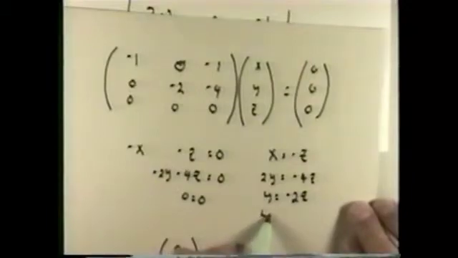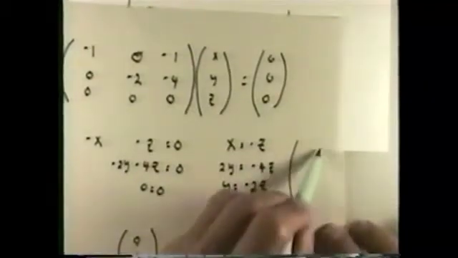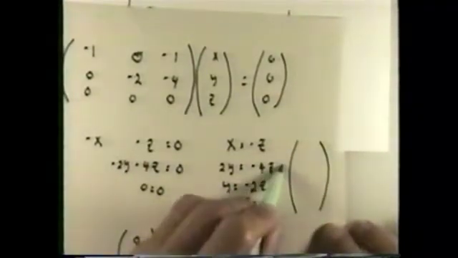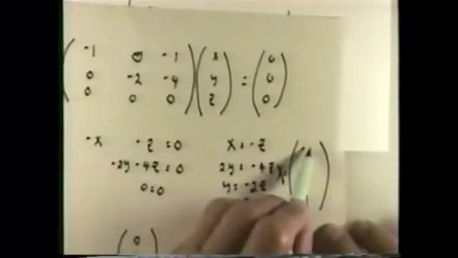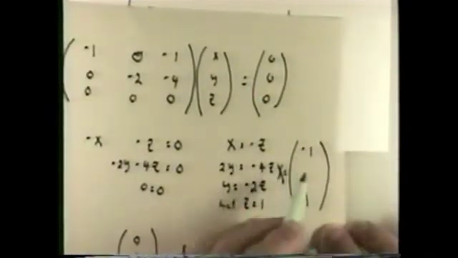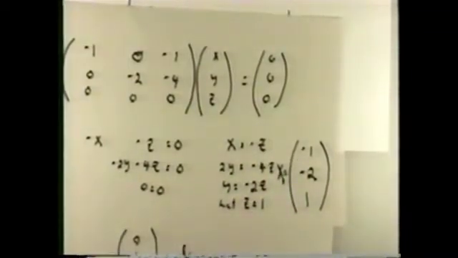Well, we'll let z equal 1, and we can get x associated with 1. z is 1, x is the opposite of z, that would be negative 1, and y would then be negative 2. So there's my third eigenvector, the eigenvector associated with the eigenvalue of 1.